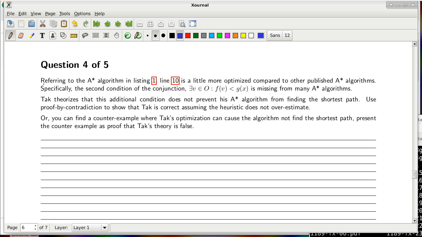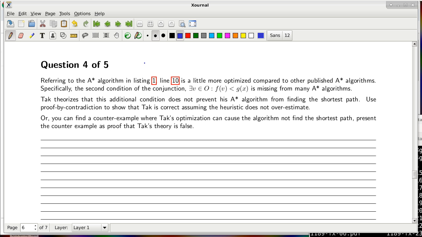Specifically, the second condition of the conjunction is missing from many A star algorithms. This is the condition that is missing: there exists at least one vertex v in O such that f of v is less than g of x, x being the destination vertex.